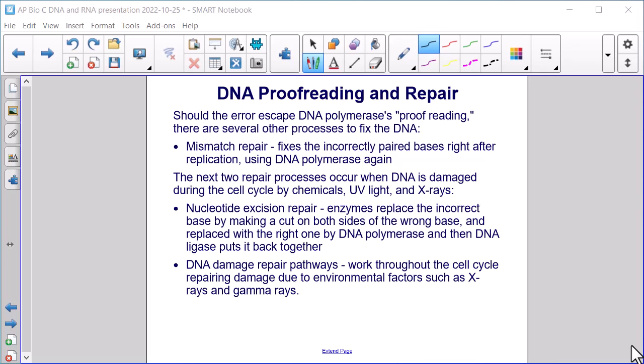Nucleotide excision repair. Enzymes replace the incorrect base by making a cut on both sides of the wrong base and replaced with the right one by DNA polymerase, and then DNA ligase puts it back together. DNA damage repair pathways work throughout the cell, repairing damage due to environmental factors such as X-rays and gamma rays.